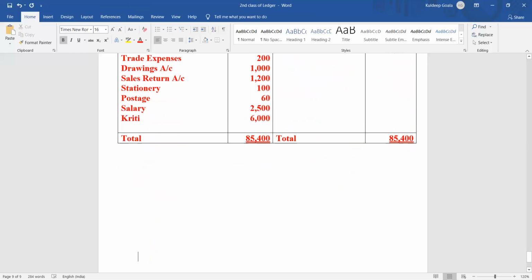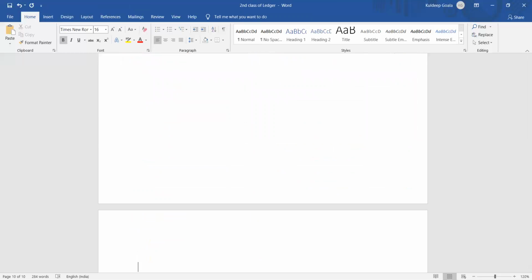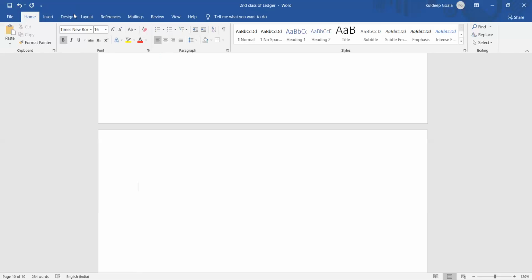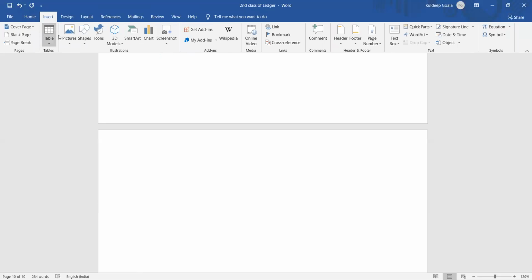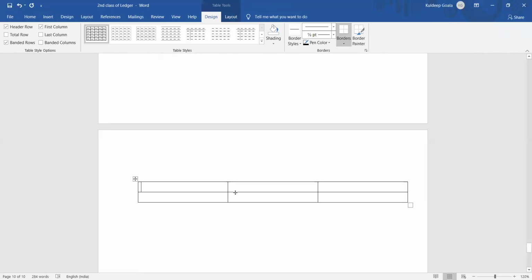In the statement format, I'll show you on the next page, you have to have 3 columns. One will be for the items, the other 2 will be for the amounts. One will show the debit amount, the other will show the credit amount.